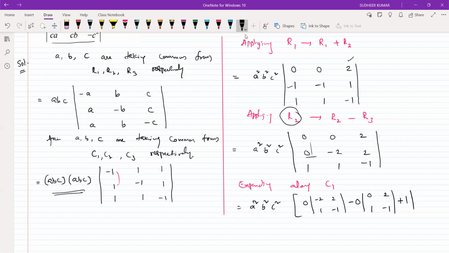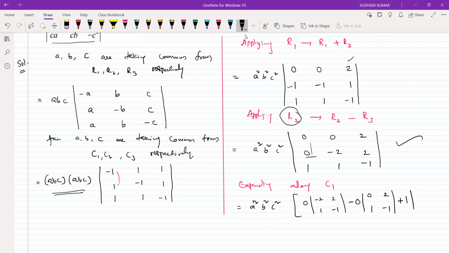Directly, we should not expand when they ask to prove using properties. We try to use the properties only. If we cannot get the final answer, then we can get it by expanding. Is it clear?